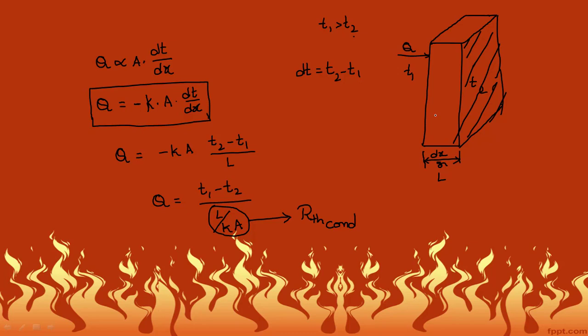Now, as we know, Ohm's law states that I is equal to dV by R. See here, current is because of the potential difference, and the wire, the material, offers certain resistance to the flow of electrons.